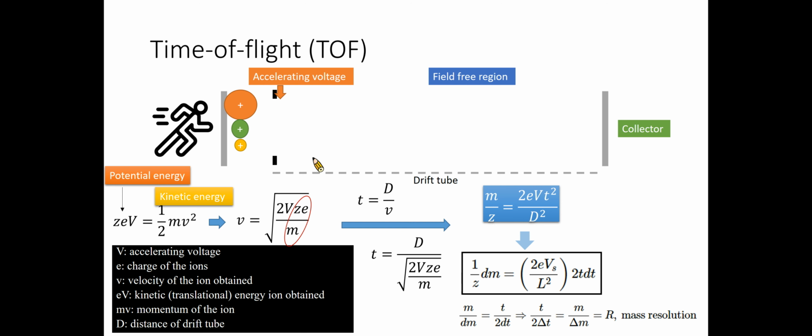Based on classical physics, ions with a lower mass-to-charge ratio will travel the fastest and arrive at the detector first, while the ions with a larger mass-to-charge ratio will travel the slowest and arrive at the detector last.